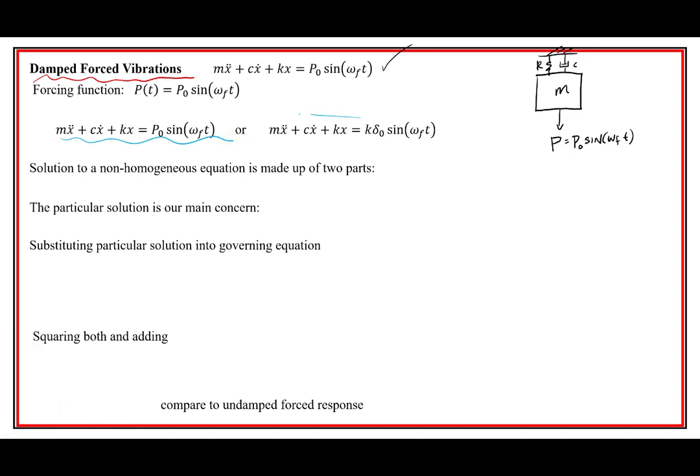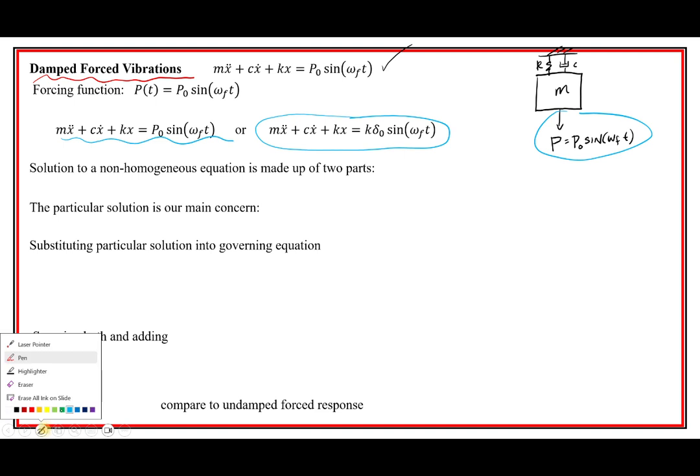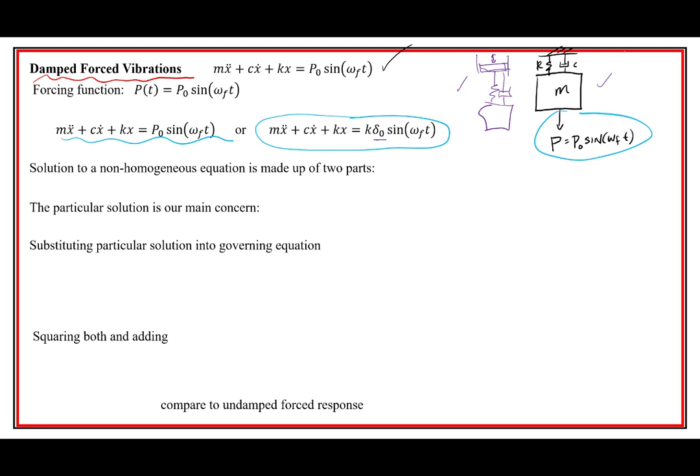Now, this is a similar one that we could use in case, instead of having a force down here, we had, and I'll draw it slightly over here, some type of base right here, and a spring and a damper, both on here on the mass, and we shook this thing up and down a delta. So that delta 0 would be the magnitude of how much we shook it, right? So we would have two separate situations that equate in many ways to the same thing.